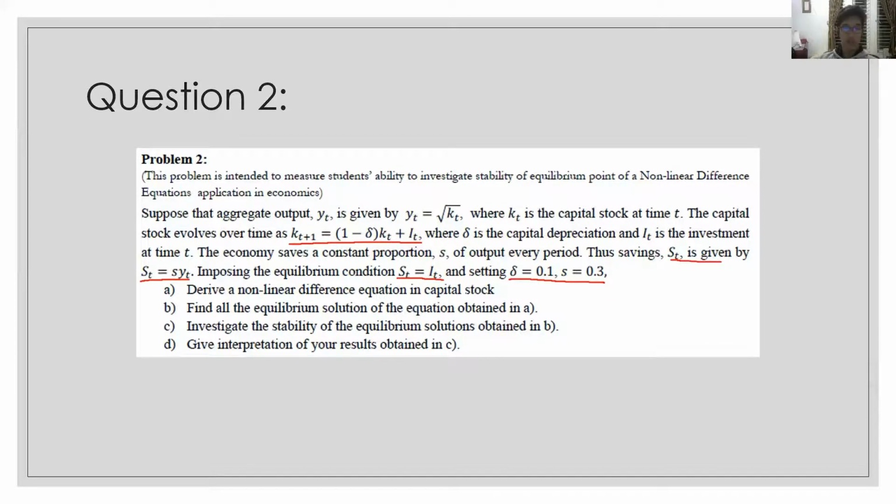So from here, we must derive a nonlinear difference equation in capital stock, find all the equilibrium solutions, investigate the stability of the equilibrium solutions, and then interpret our results.